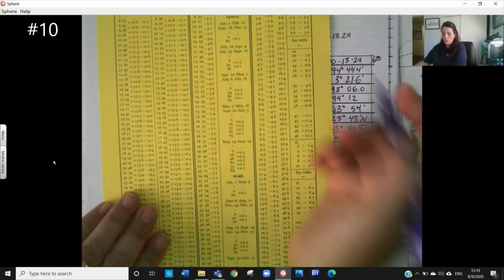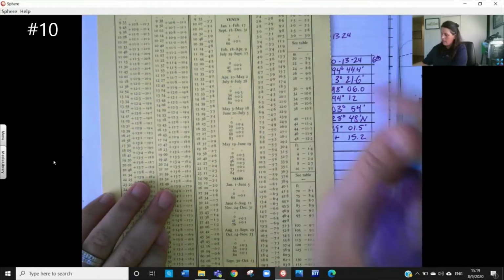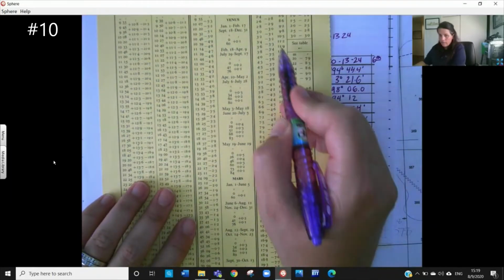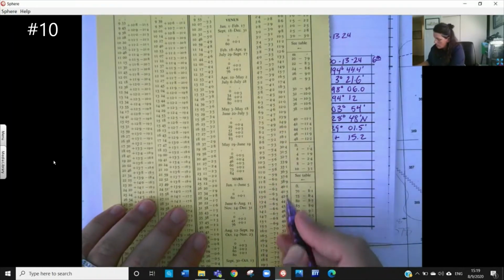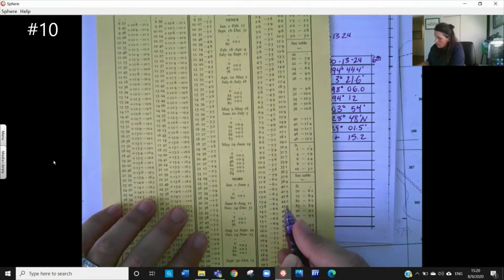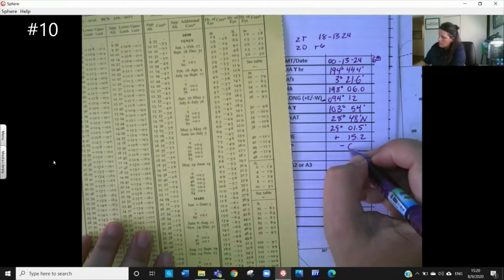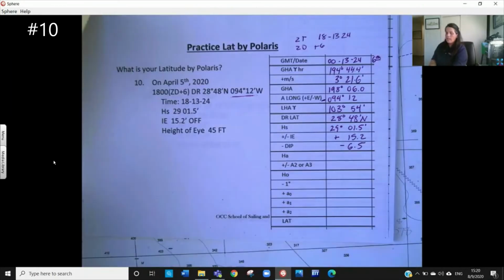So I can go over and find my dip of 45 feet is going to give me minus 6.5, in between the 44 and 45. So minus 6.5. And then I get my apparent altitude.